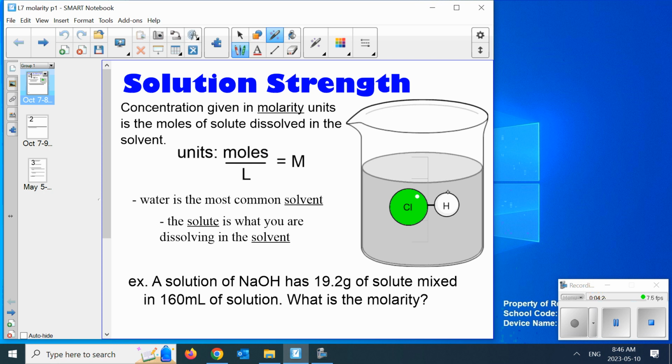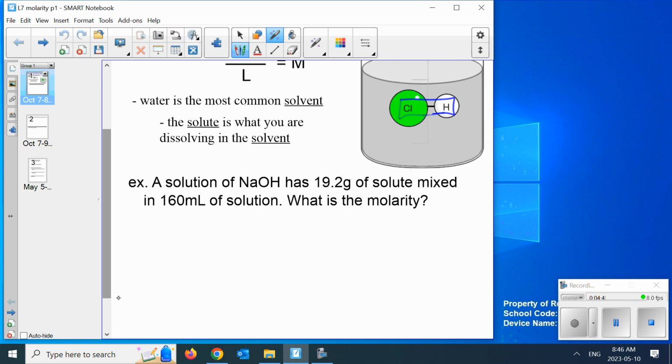When it's pressurized, especially, you've got carbon dioxide dissolved in water, right? Well, in this case, HCl molecules would be the solute, water is the solvent. And I just have that picture there to kind of remind us. Okay?